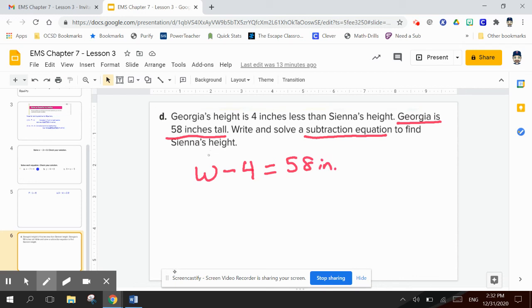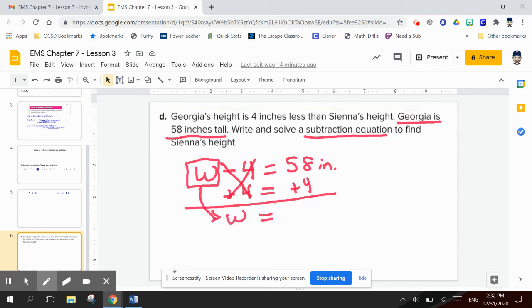So to solve for w, w is in front of the subtraction sign, therefore I have to add 4 to each side of the equation. 4 minus 4 is 0. I bring down the variable, and it's going to equal 58 plus 4, which is 59, 60, 61, 62 inches.